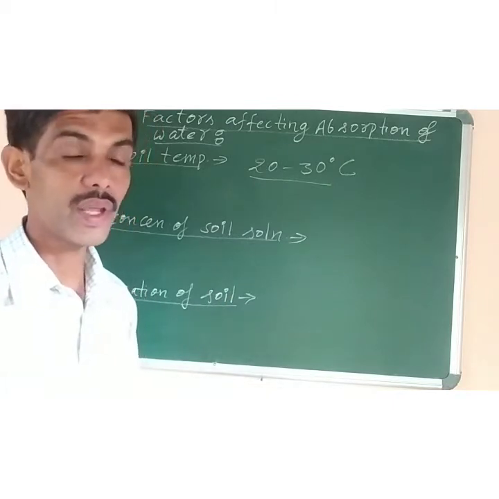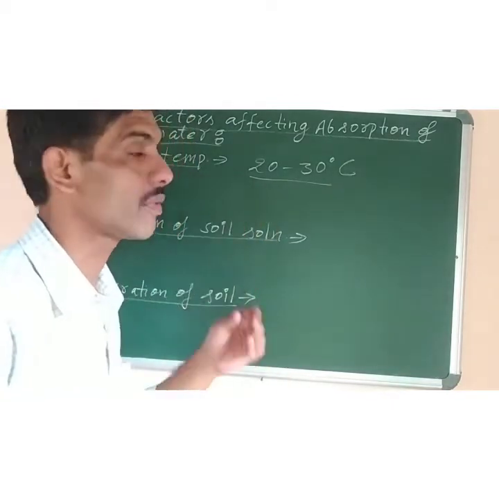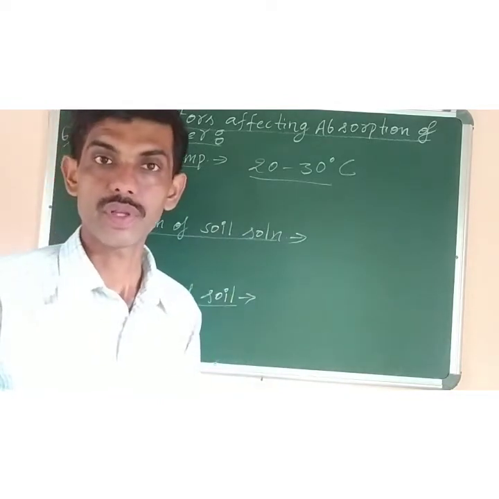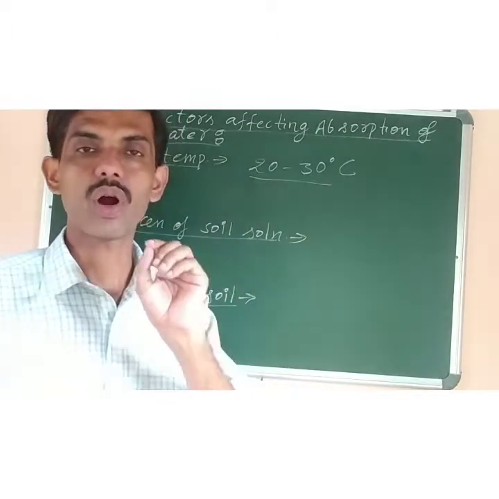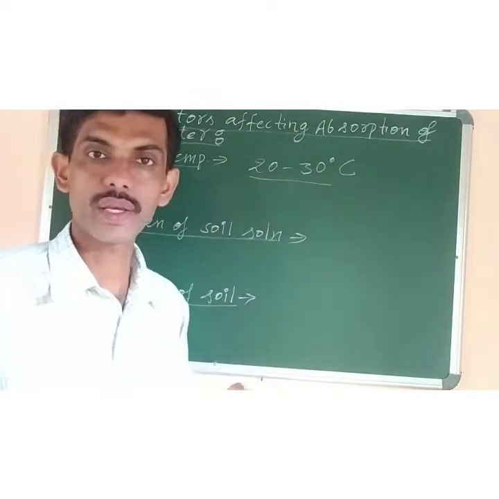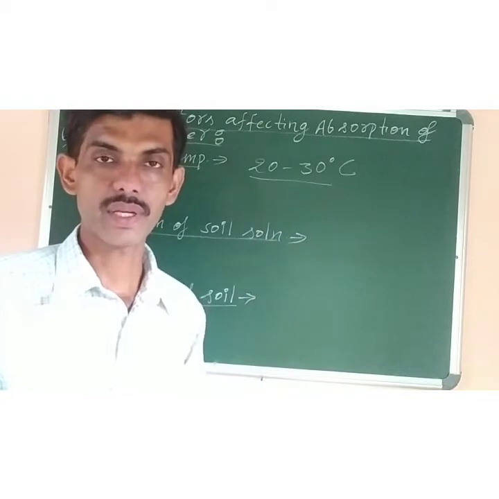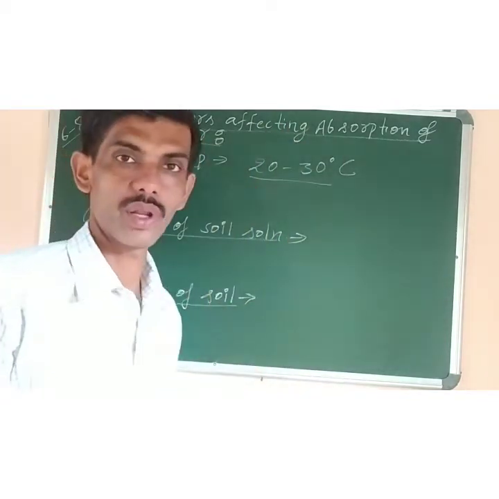And if you are in a very hot place like desert conditions where the soil temperature is more than 30, 40, 50 degrees, the temperature may be so high that the increase or decrease from the 20 to 30 degree range, that is the optimum temperature, will affect the absorption of water from the soil.